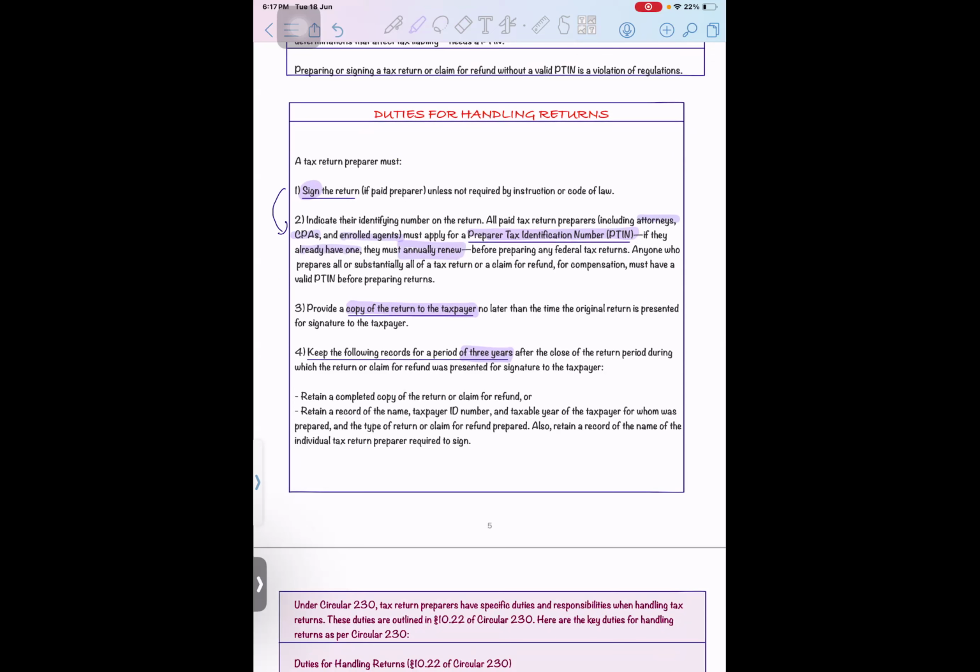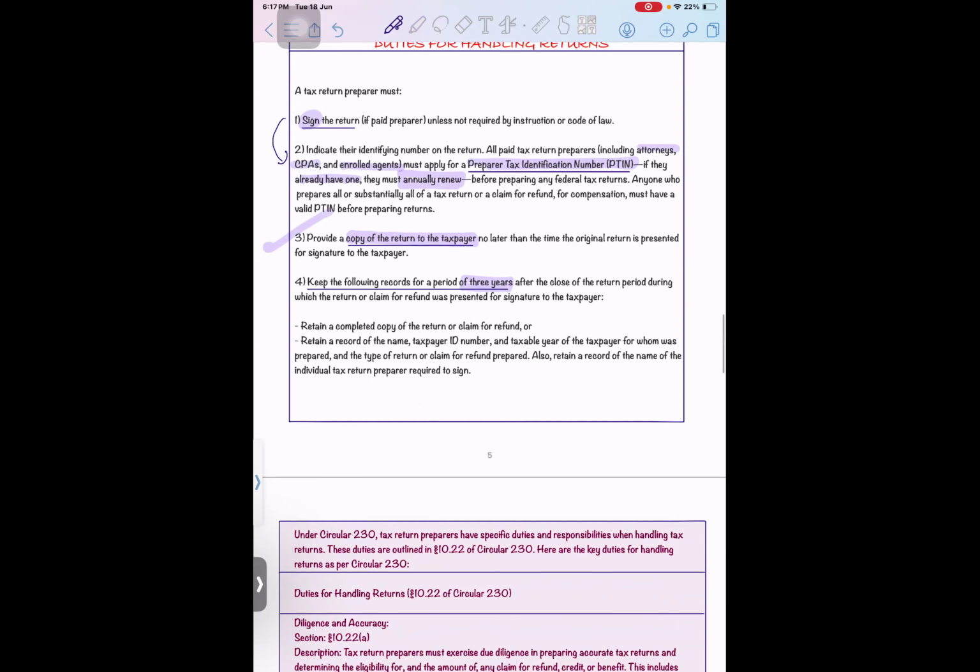Now, the third one is you should provide a copy of the return to the taxpayer, whoever is your client. We provide one draft copy, then we finalize the return. Even after finalizing the return, one copy is provided to the client. That's why in all the software, when you print the whole return, there are two options: one is preparer copy and one is client copy.